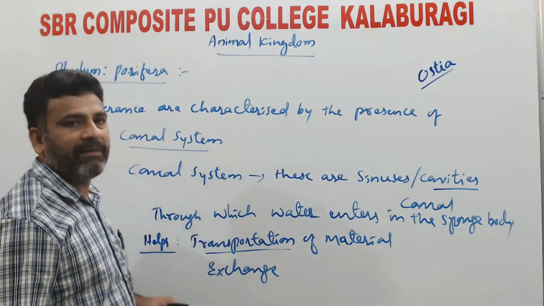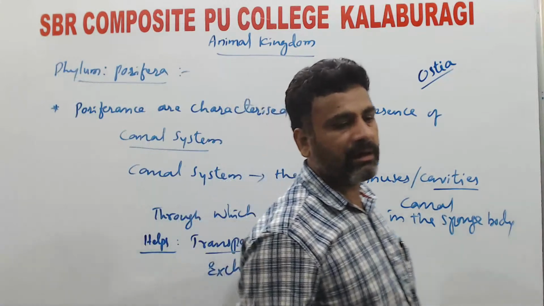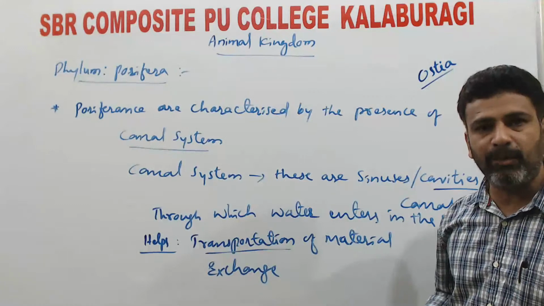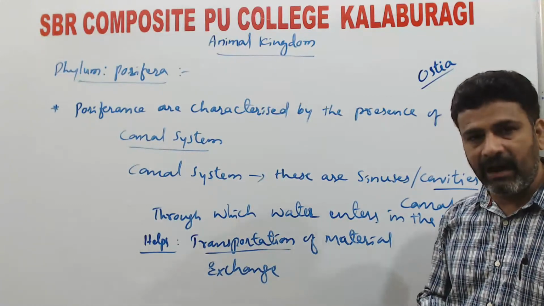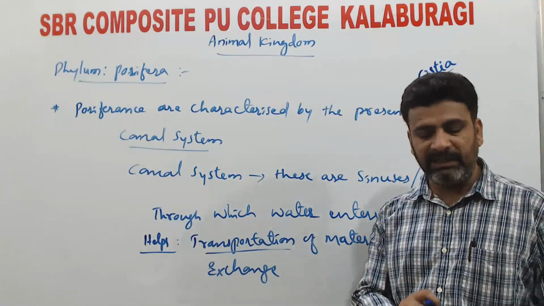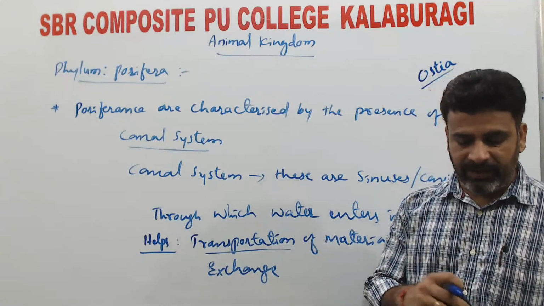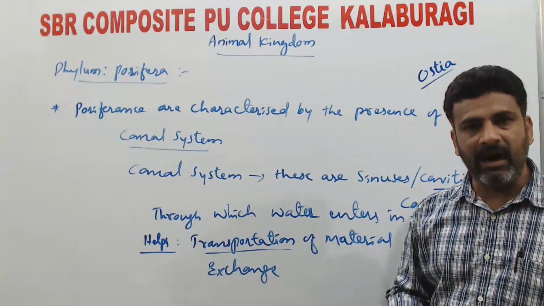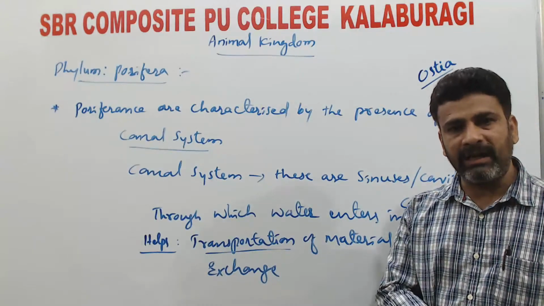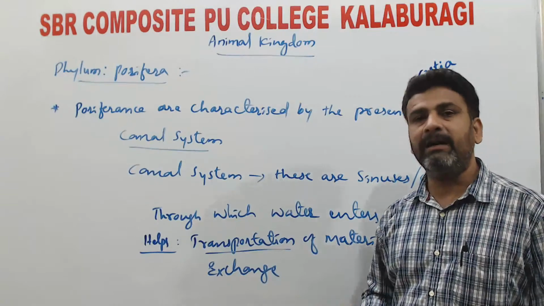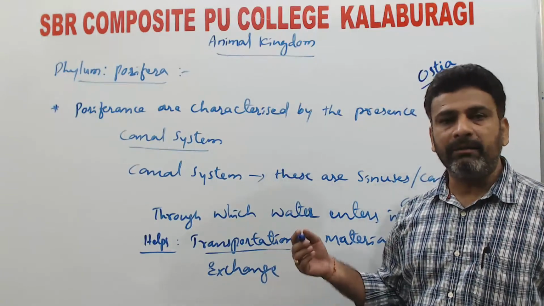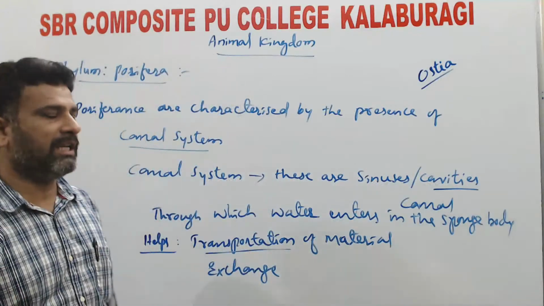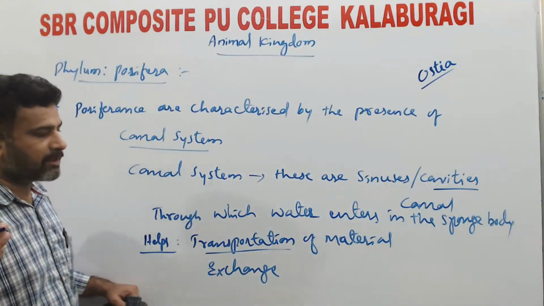In the spongocoel cavity, due to the presence of the collar cells, which are choanocyte cells possessing flagella or cilia, the undulations of these cilia create a wave of current. They exchange the food material or the waste material between the cells and the spongocoel cavity.